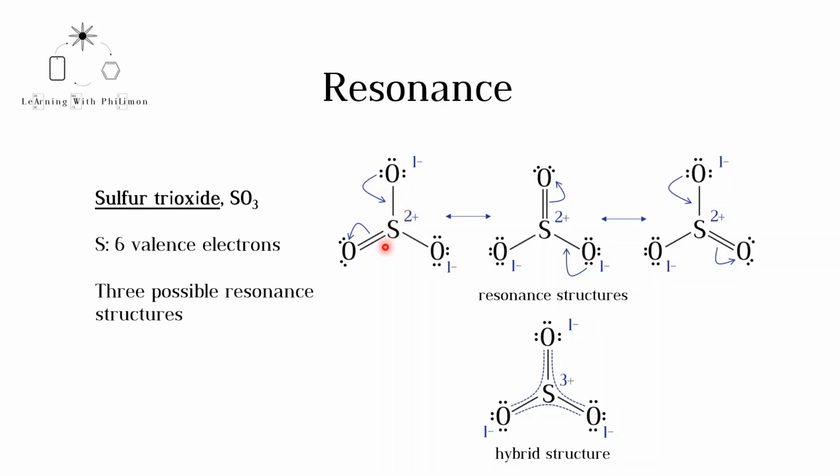The double bond can form in between any of the 3 oxygen atoms, so there are 3 resonance structures. The dotted line in the hybrid structure shows where a double bond could form. A lone pair of electrons from any of the 3 oxygen atoms can form a double bond with the sulfur. These 2 electrons can be considered delocalized throughout the structure.